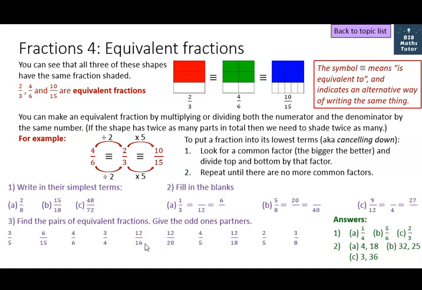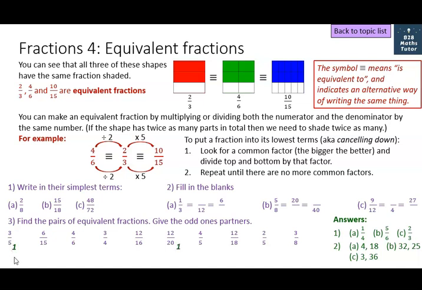12/16, we can divide top and bottom by 4 to get 3/4, so that's the same as this one. 12/20, if we divide top and bottom by 4 again, we get 3/5, so that is the same as this one.